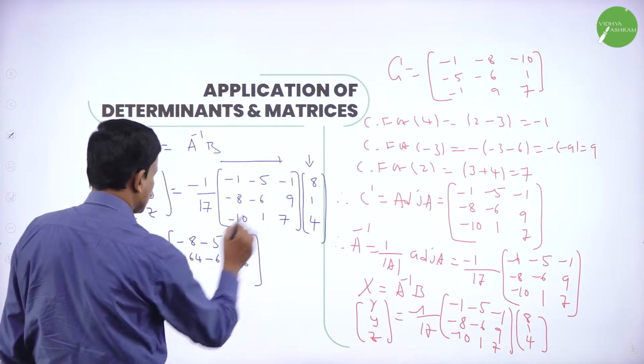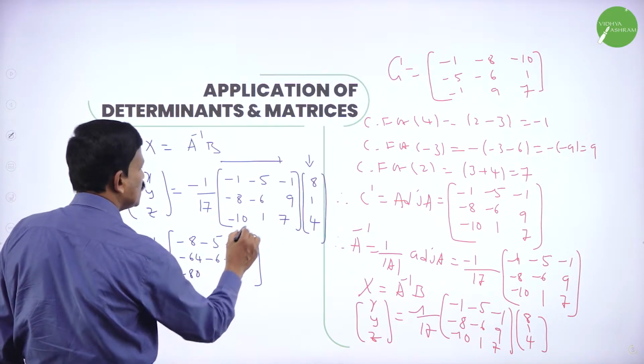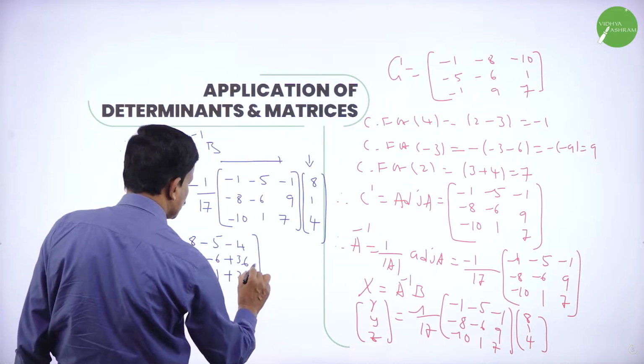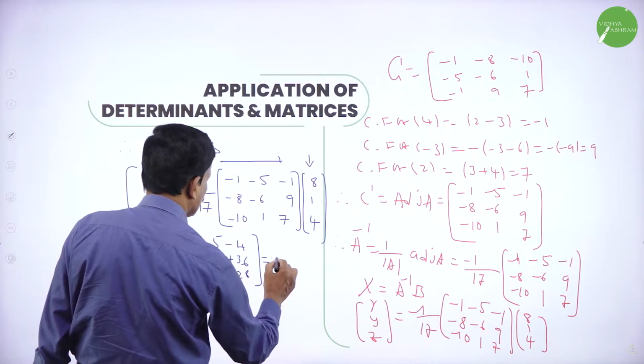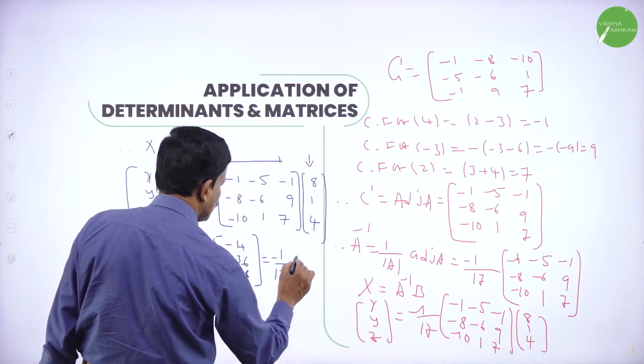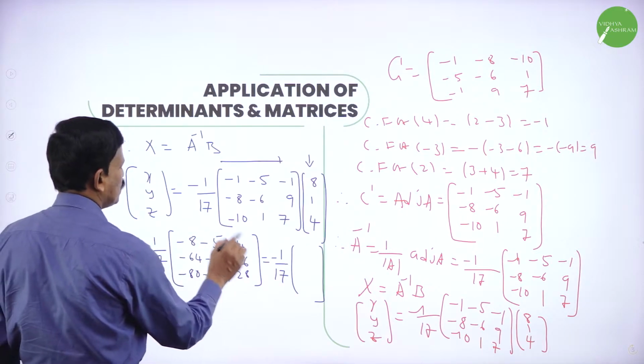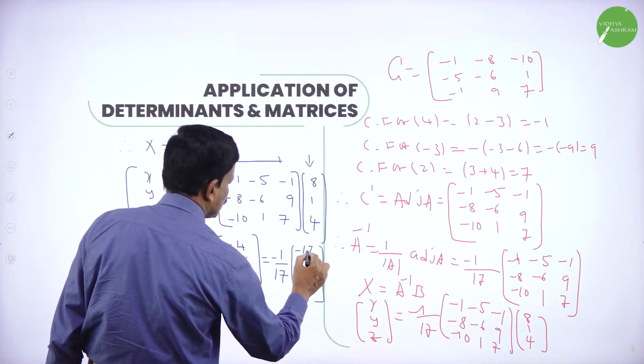Next, 10 into 8 is minus 80, plus 1 ones are 1, plus 7 fours are 28. So this is equal to minus 1 over 17 times what is remaining. So minus 8, minus 5, minus 4 is minus 17.